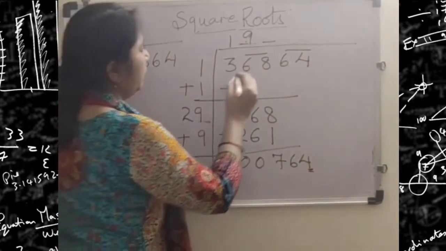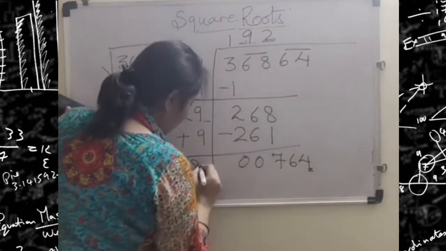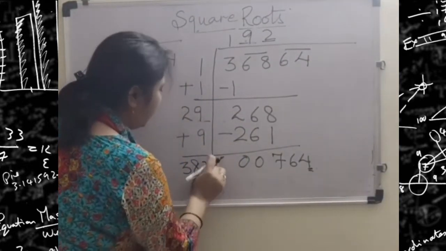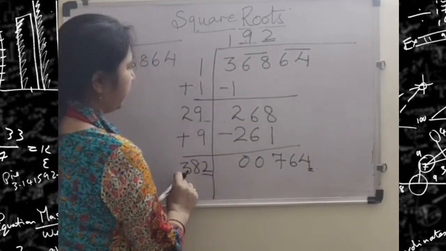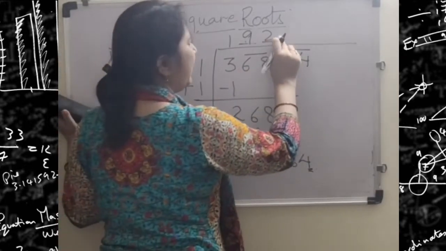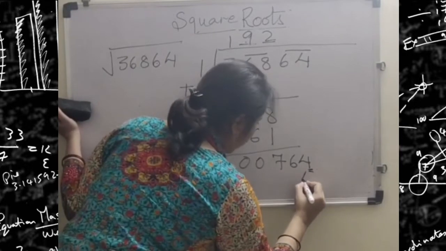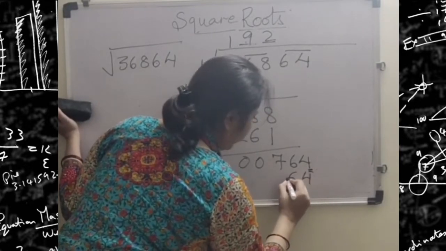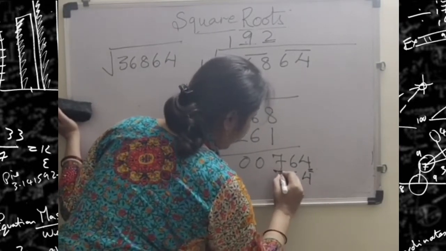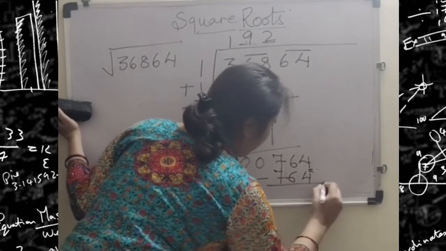Let's write 2. Now 382, this 3-digit number 382, when multiplied by 2, what you are getting? 2 2s are 4, 2 8s are 16, 2 3s are 6 and 7. We have got, our purpose is solved.